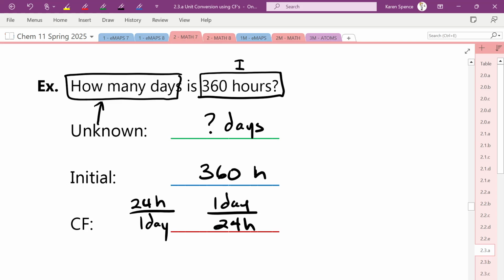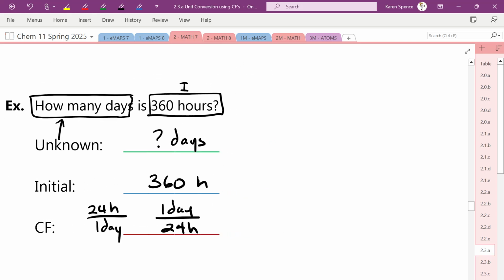Doesn't matter which one. Unknown is equal to initial times conversion factor. So our unknown, I don't know how many days. Please show that. Okay? Show this.